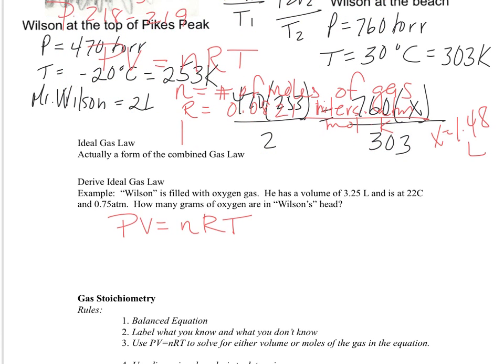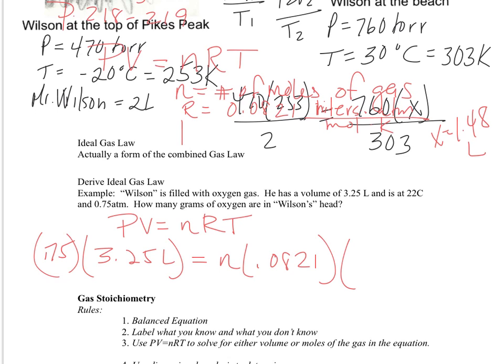Well, we know the pressure is 0.75 atm times 3.25 liters. We don't know our moles. We know our R is 0.0821, and 22 Celsius plus 273 is 295 Kelvin. Yes? Good.